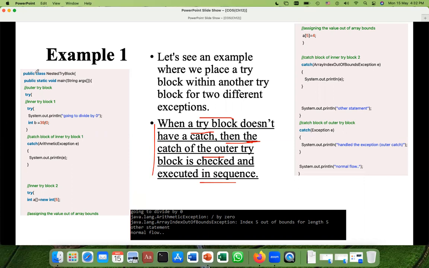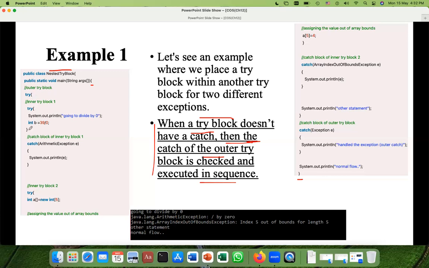For example, here we have the public class. The name of the class is nested try block. This is the starting, and maybe here it is the ending. We will finally check it. And here we have the main method. This is the starting, and I don't know where it is ending. Maybe this is the ending. Let's check it.